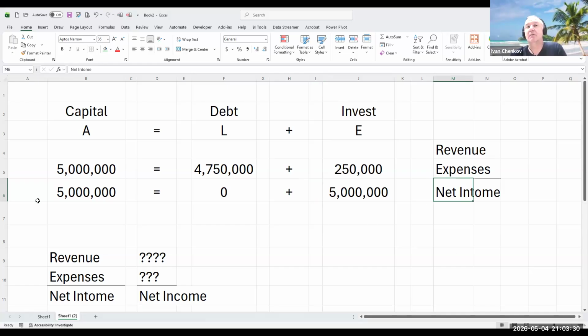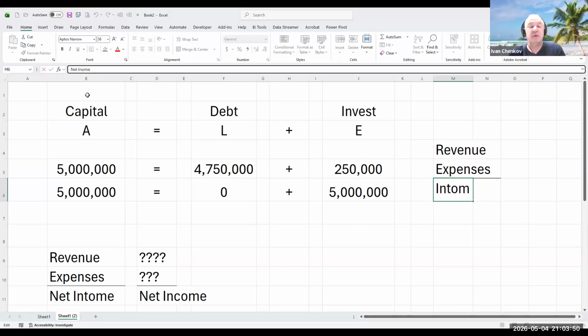By generating income. Once I have the capital, now I can start using that capital to generate revenue. Obviously, I'm going to have the expenses, but I hope the expenses will be less than the revenue. I'm going to start generating the income. That's not income here.